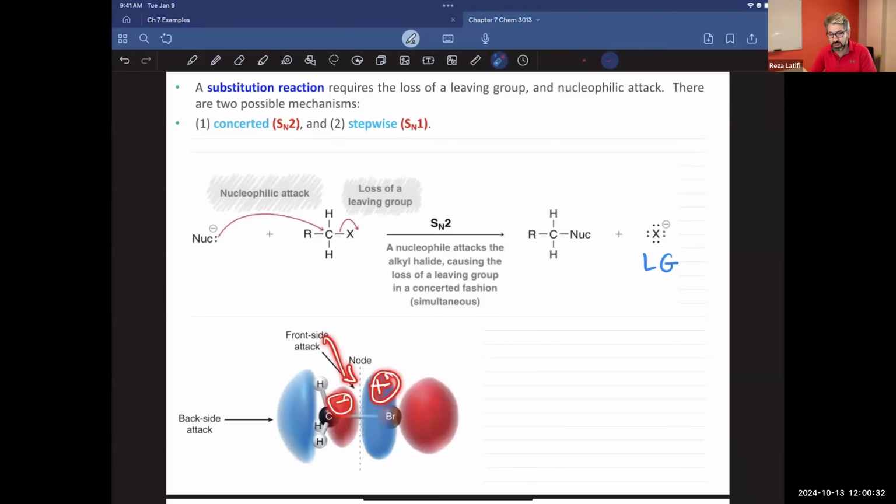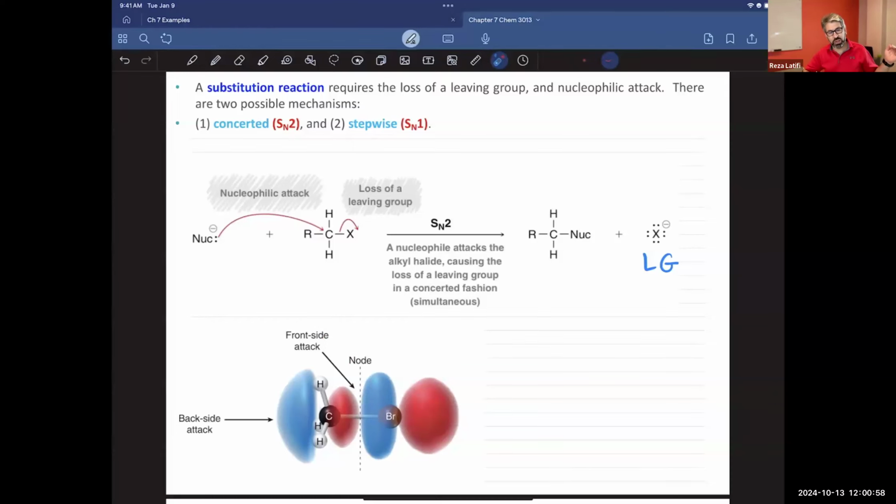So the interaction is not going to be effective if the nucleophile reaches from this position. But if you reach it from the back of the molecule, you have one lobe, and whether it's negative or positive, the interaction will be constructive, and it will be strong enough to kick the halide out of the system. So the attack must happen from the back of the system.